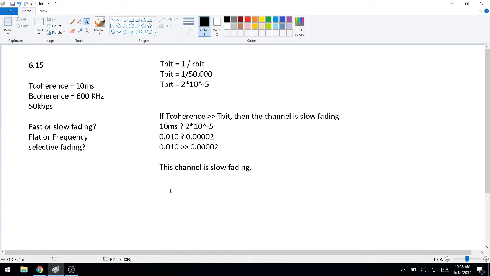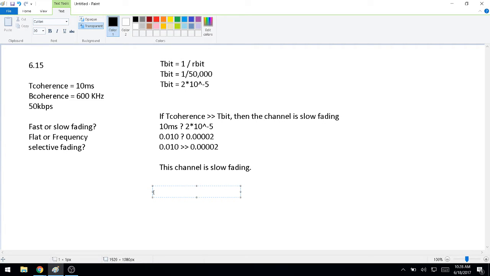And so what we're looking at here, it's fairly similar, is we're looking at a coherence bandwidth and signal bandwidth. Again, it's fairly similar to what we just handled.